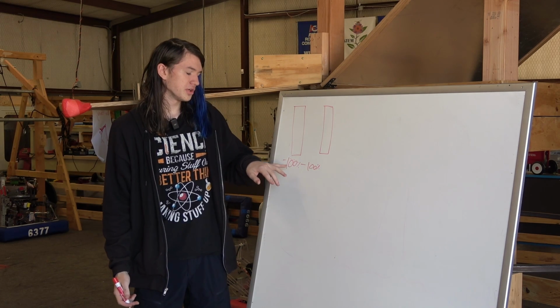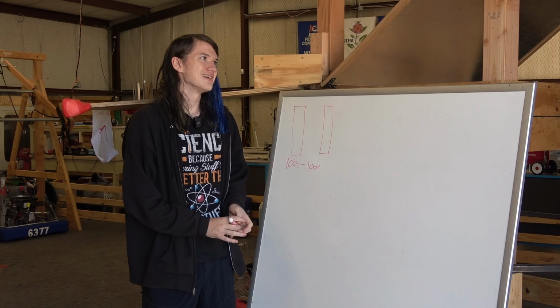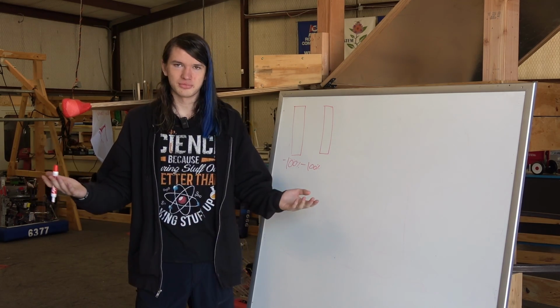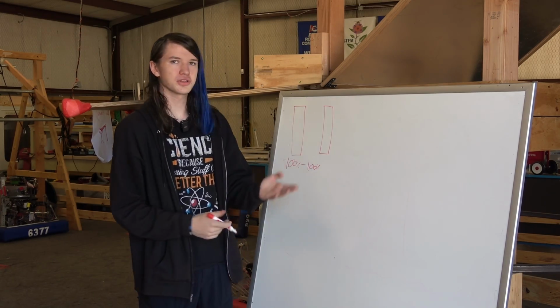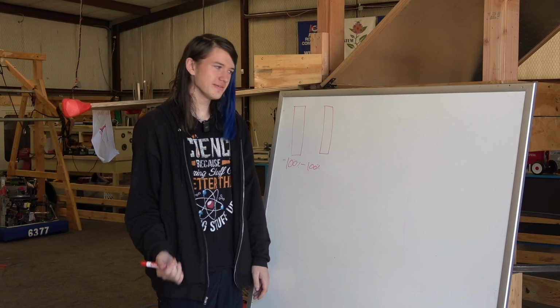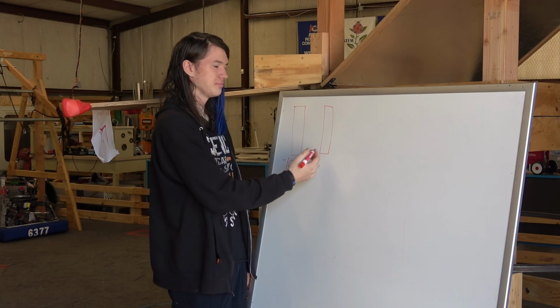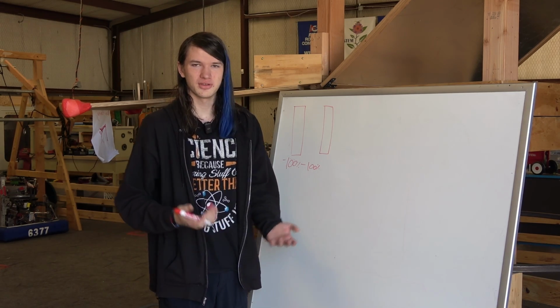So what becomes an issue is, the drivers will give us some amount of how much they want to go forwards and how much they want to turn. To go forwards using a tank drive, you would set both of them to go forwards. To turn, you would set one to go forwards and one to go backwards.